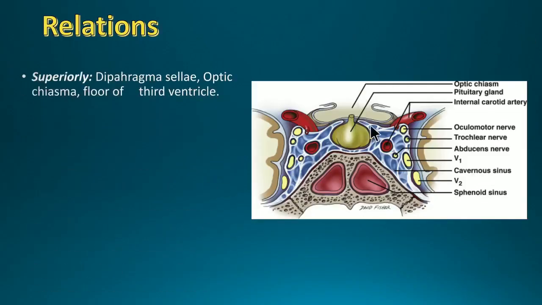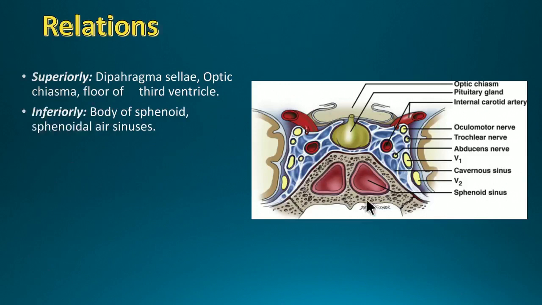So, the relations of the pituitary gland: above, it is covered by the diaphragma sellae, which I have already shown, then the optic chiasma and the floor of the third ventricle. Inferiorly, the body of the sphenoid with the sphenoidal air sinuses. These are separated from the pituitary gland only by a thin bar of bone.